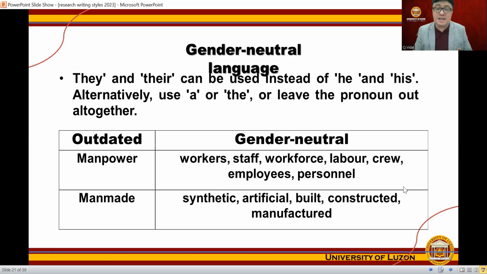Manpower, for example, we can use staff, workforce, labor, crew. Man-made, for example, we have synthetic, manufactured, built. So they and their can be used instead of he and his. Alternatively, we use a or the, or leave the pronoun out altogether. So that's insofar as gender neutral language is concerned.